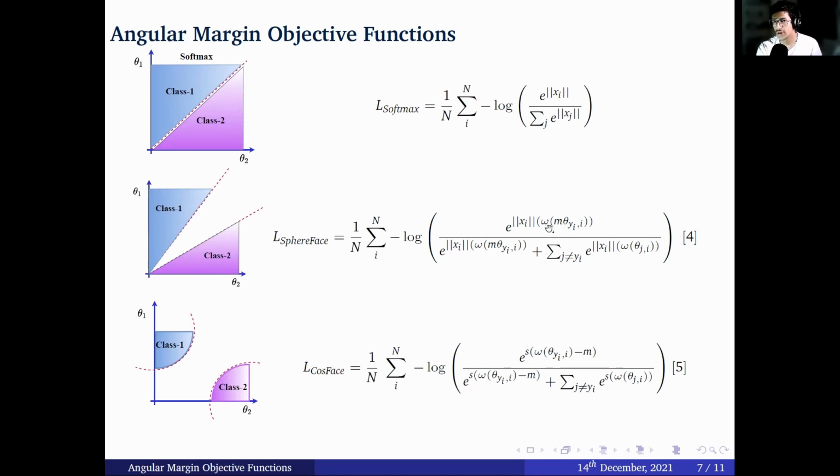The parameter W helps to improve the intra-class similarity. It shrinks the intra-class distances and gets the data closer, while the angular boundary theta pushes it away from the different classes, like class 1 and class 2.